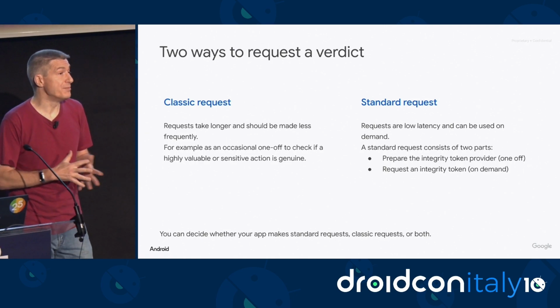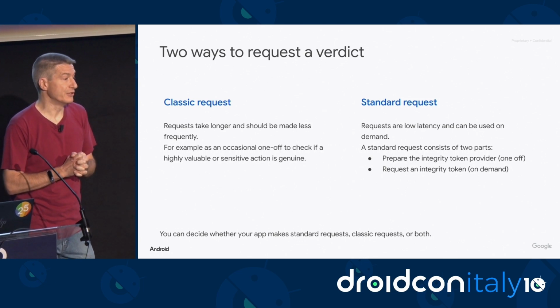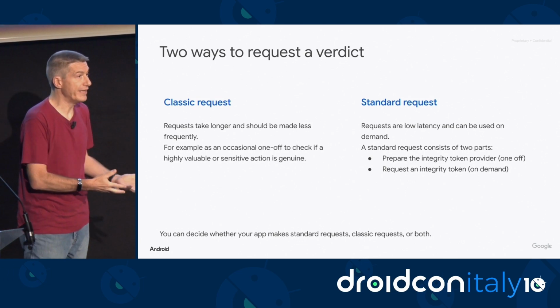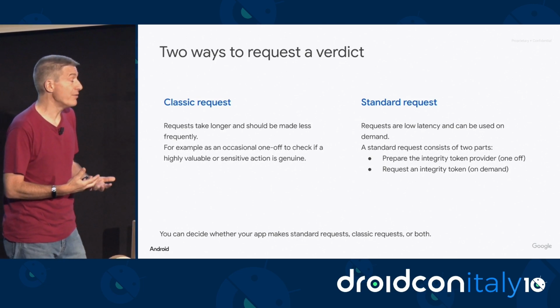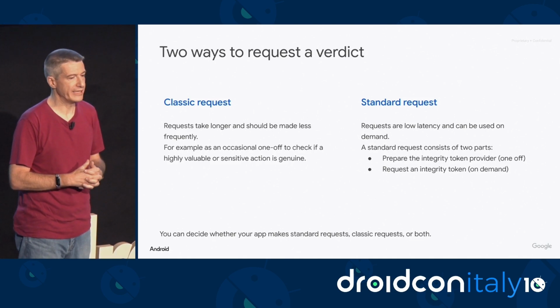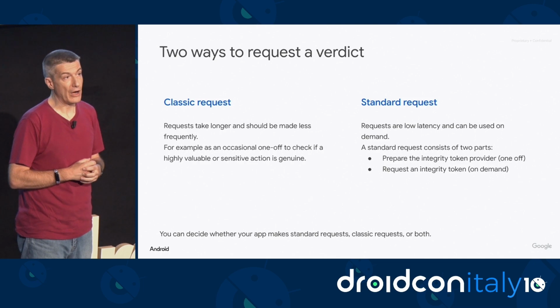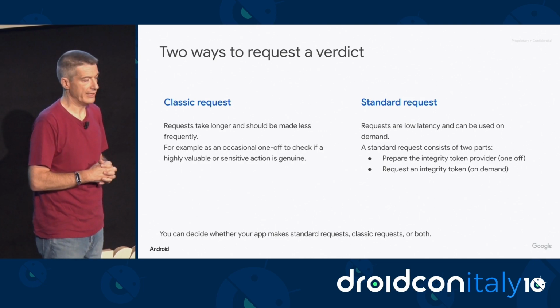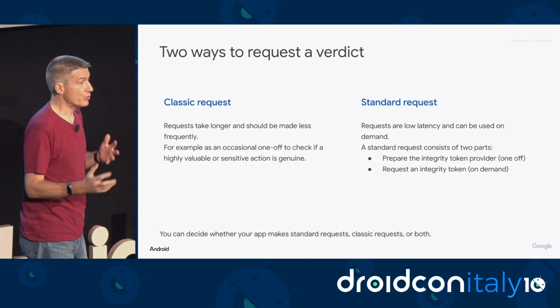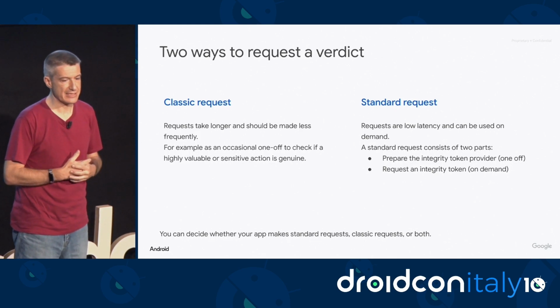And this has always been a problem with SafetyNet Attestation. If you wanted a light way, a way with a lower latency, to get an idea of how trustable this request is, there was no way in SafetyNet Attestation.